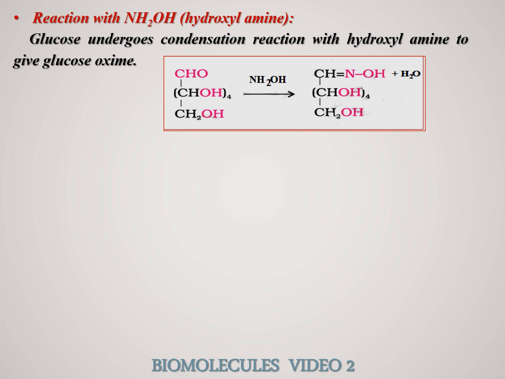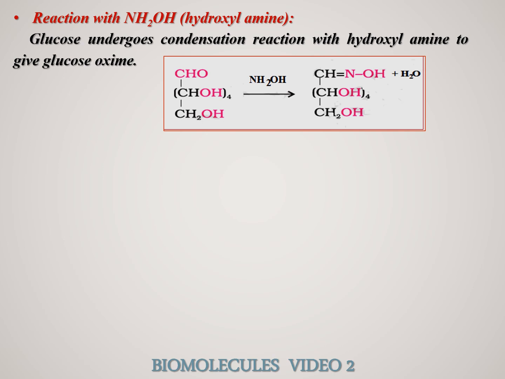Hydroxylamine is going to have loss of H2 here, and oxygen from the aldehyde part of glucose is also lost, resulting in the formation of a product which is having a carbon nitrogen double bond, and the rest is N single bond OH. The compound is called glucose oxime. This is due to condensation reaction. That is why there is loss of water.